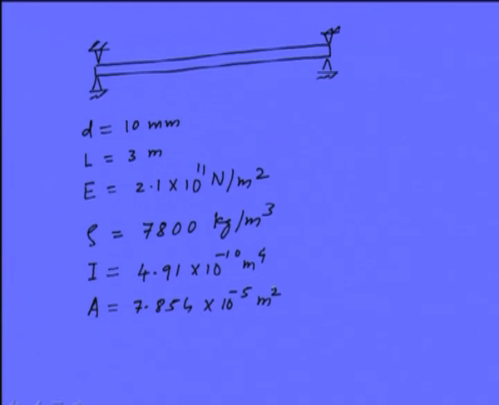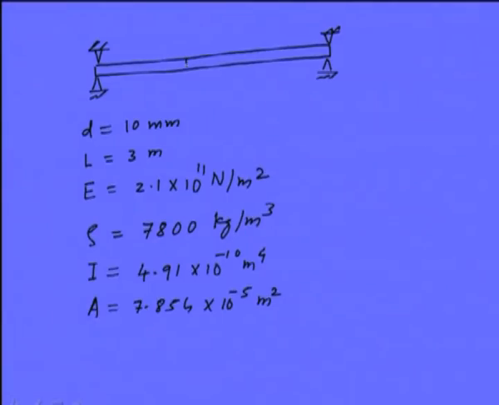And now we want to discretize the beam into various number of elements, and for simplicity of illustration we will divide the beam into 3 elements of equal length, 1 meter each.